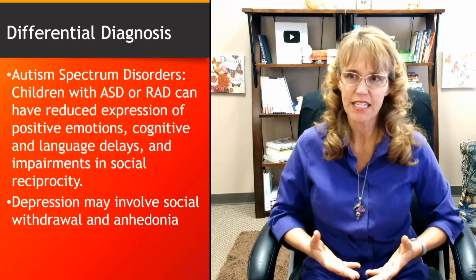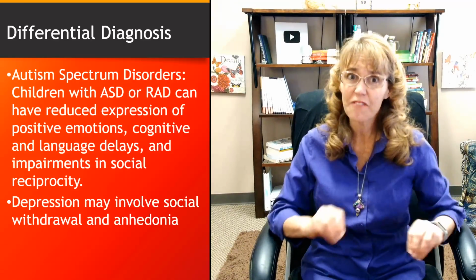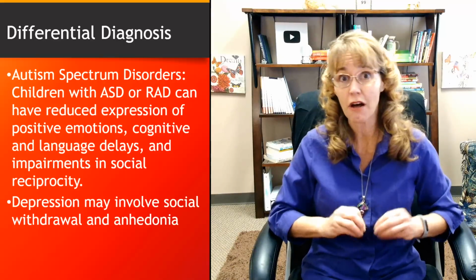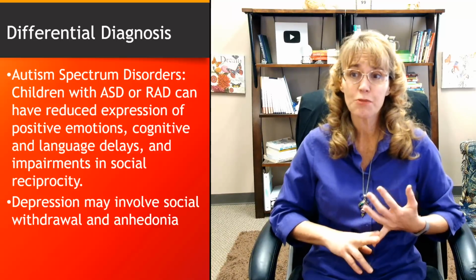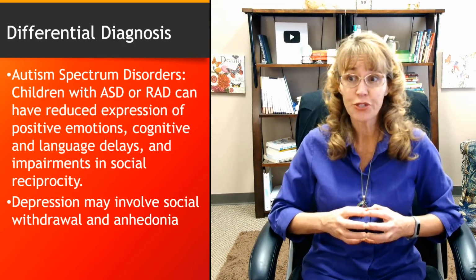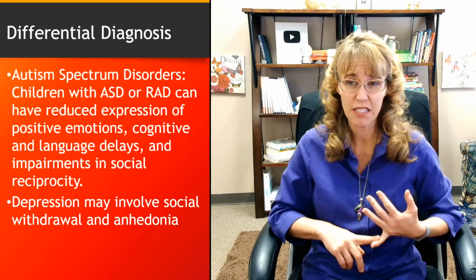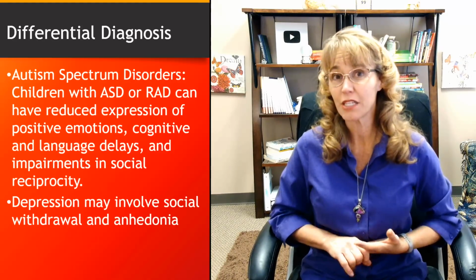Differential diagnosis. Now, the DSM in reactive attachment disorder did specifically say you have to rule out autism spectrum disorders. Children with autism spectrum disorder or reactive attachment disorder can have reduced expression of positive emotions, cognitive and language delays, and impairments in social reciprocity.